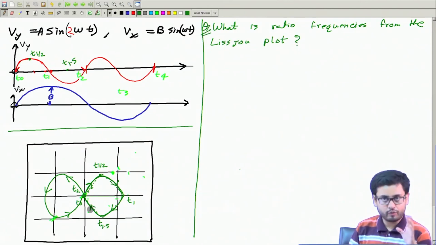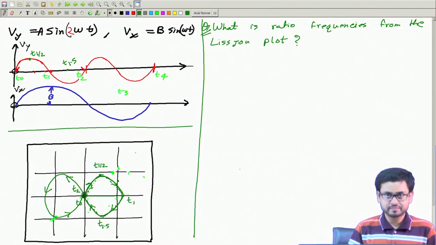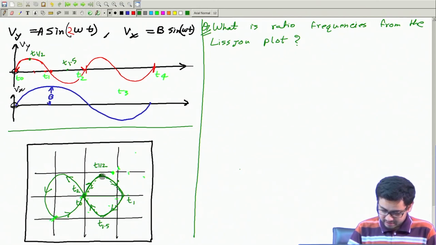Okay, let me tell you how to do it. Say you start from here, and make a complete traversal of this locus. So I start from here, and a complete traversal means this. Start from here and go and this.